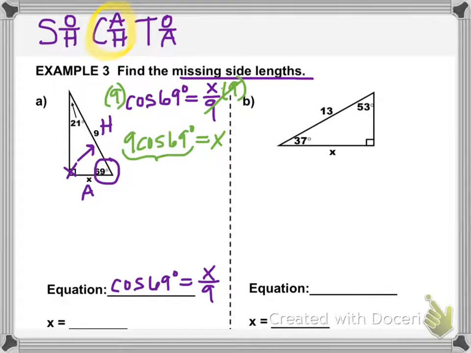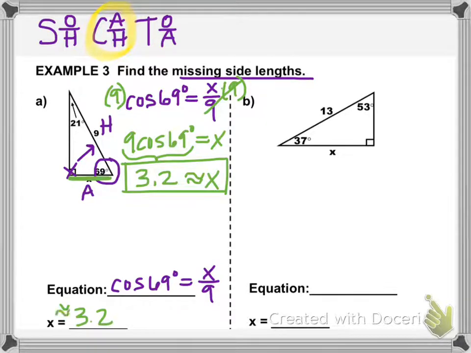Press trig, click on cosine, type 69, enter, and it gives you a number, and we'll round. Let's go ahead and round to 1 decimal place, about 3.2. So that is about the length of this missing side over here, about 3.2. And I should put the wiggly equal sign, which indicates that we've rounded.